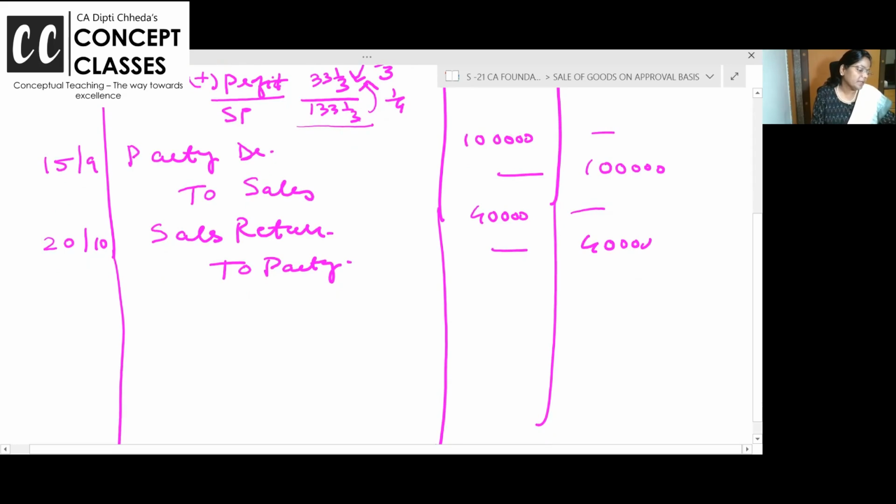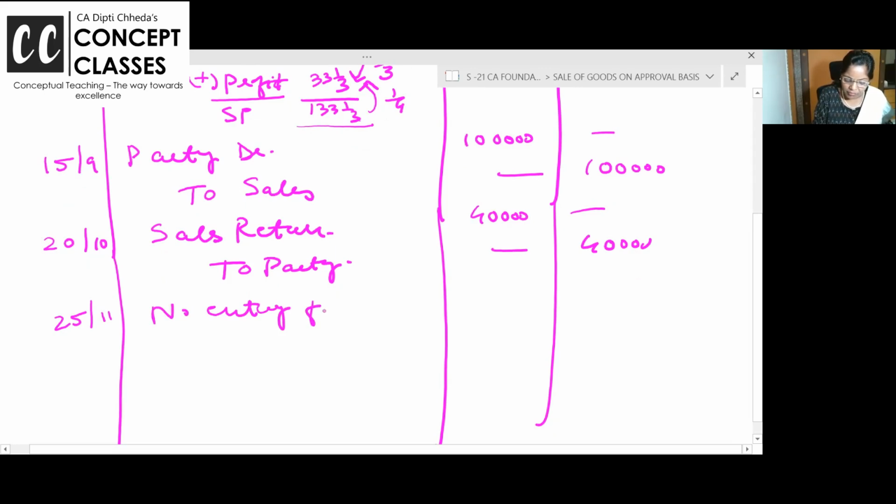Third, remaining 40,000 goods you have accepted on November 25th. So 25th of 11, 40,000 goods accepted, no entry.